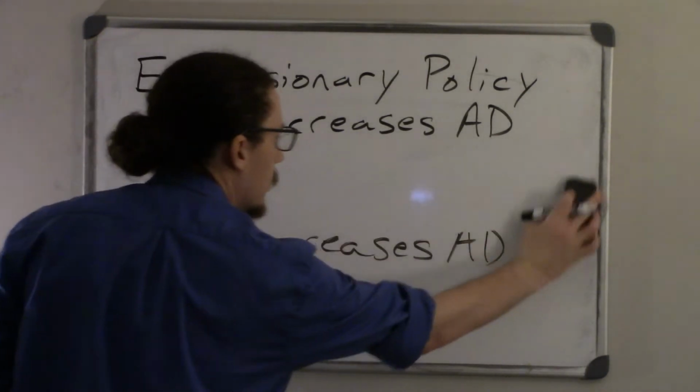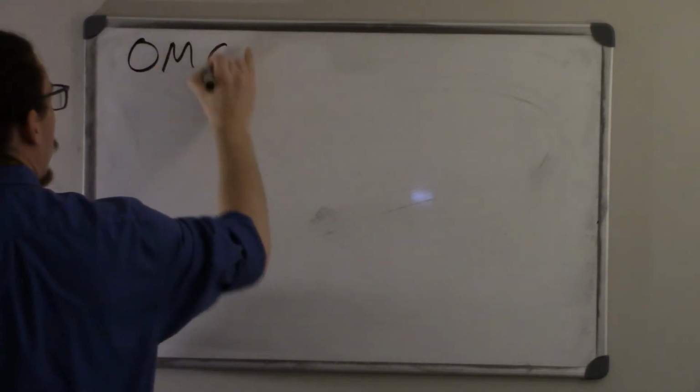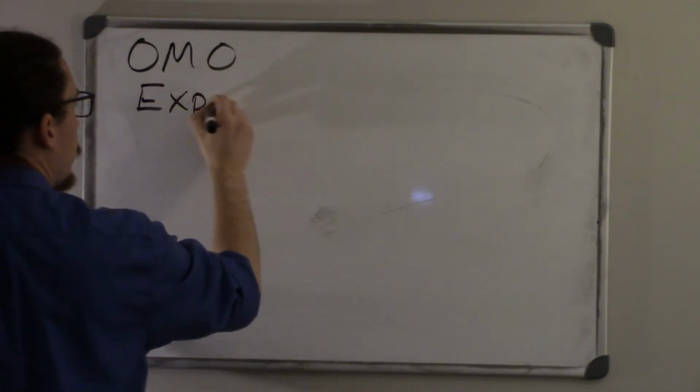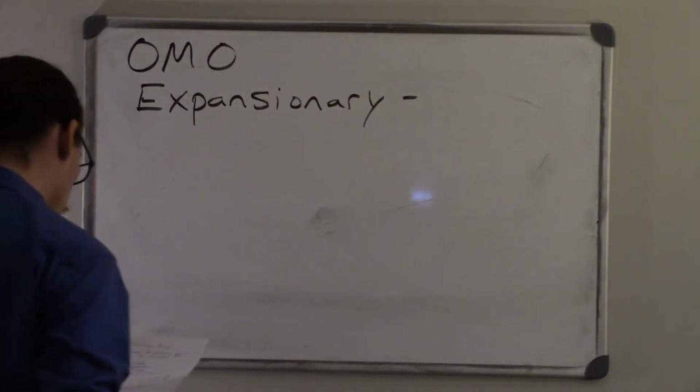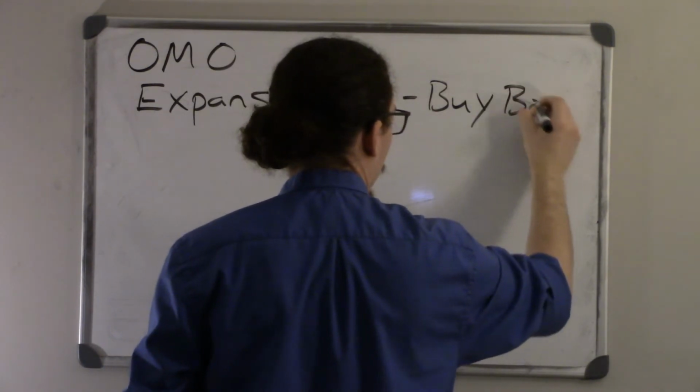So looking at these, all right, so for open market operations, the expansionary is when the Fed is buying bonds.